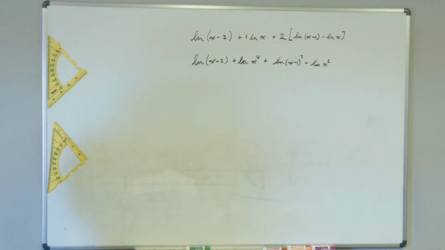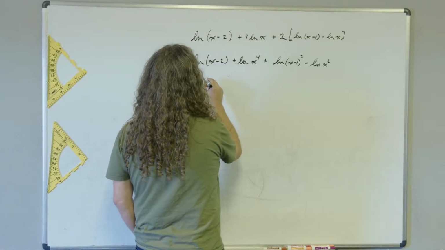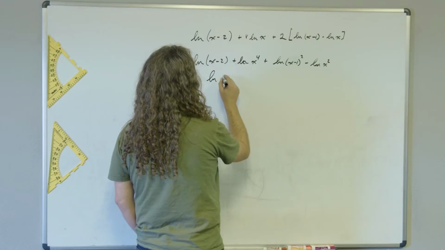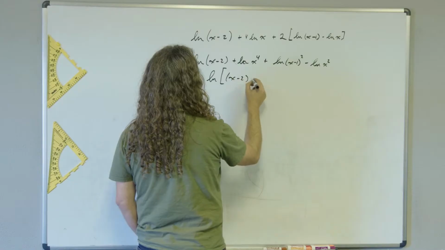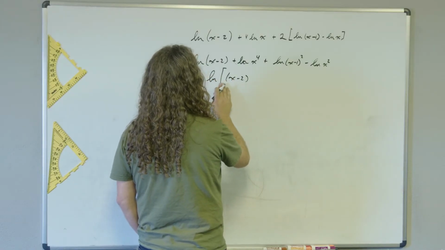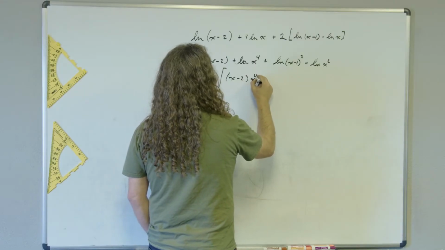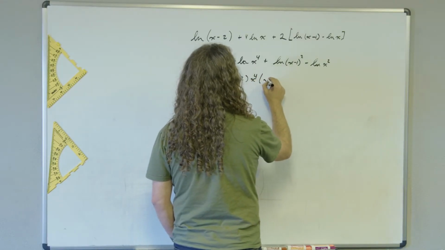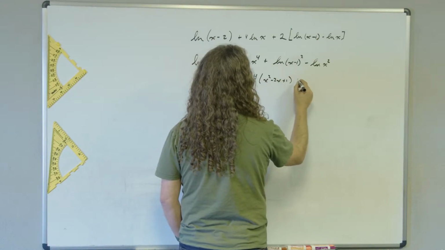And now we make all the pluses on the top and all the minuses on the bottom. Yes. Of x minus 2 is x to the 4th times x squared minus 2x plus 1.